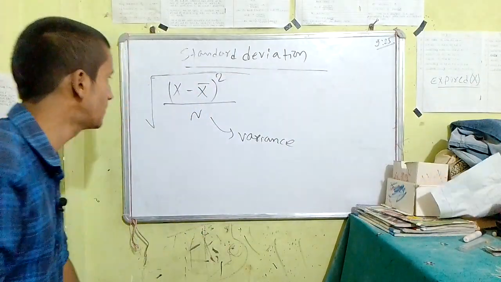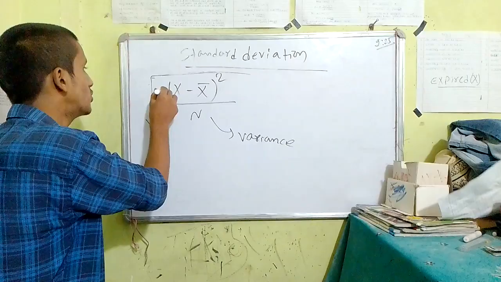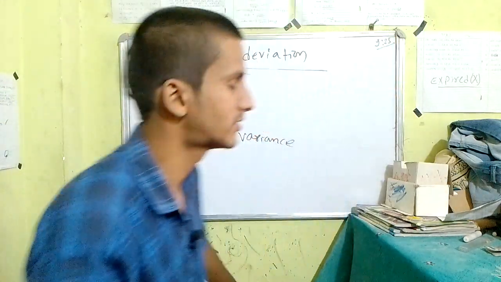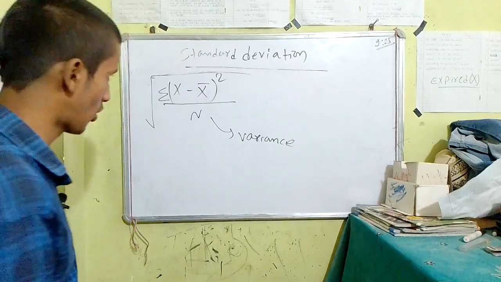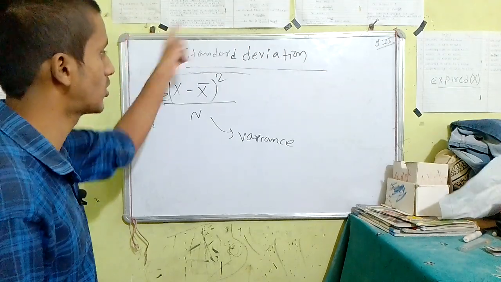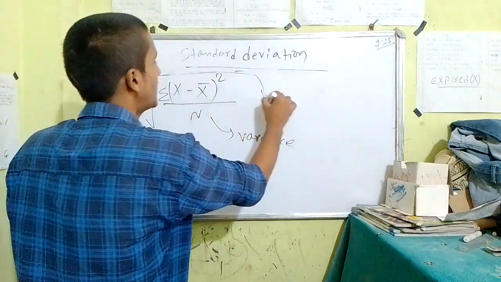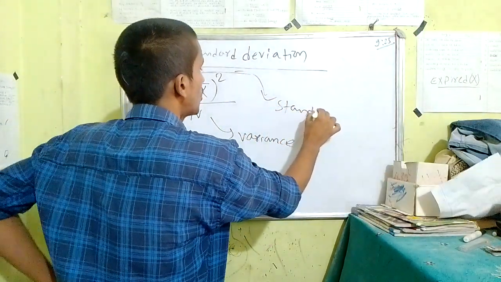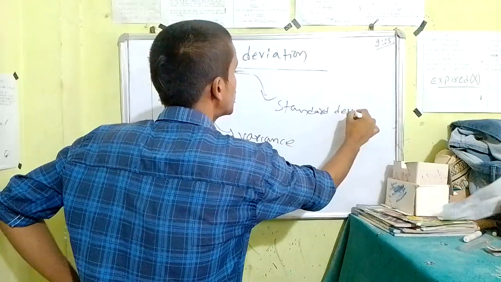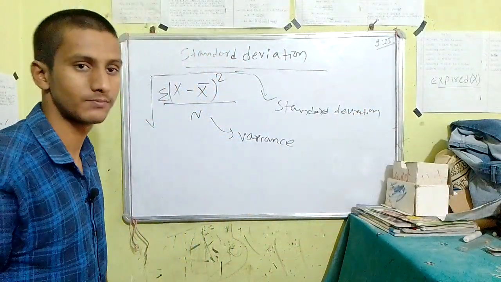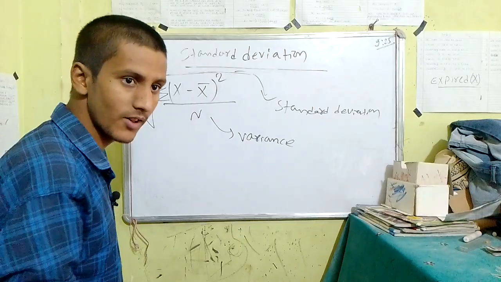We square it, then take the square root, and it's called the standard deviation, and we do it for all the observations. That's why we write the square root of the sum of x minus x bar whole squared divided by n. So the standard deviation is the square root of variance.